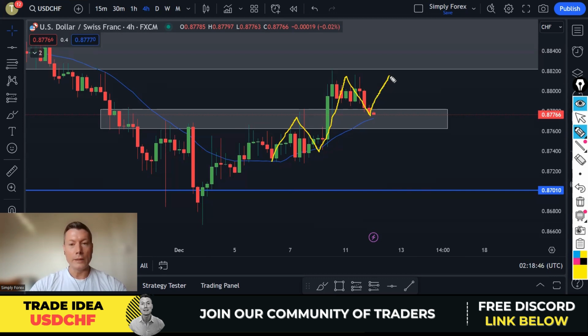There's a couple of ways. You could trade it if price comes back up to these last highs here. You could trade it aggressively from here if we get a bearish reaction. But what I want to see, really, is a break of this grey zone, retest, and then we can start selling it from here back down to these lows. So that's US dollar Swiss franc sell.